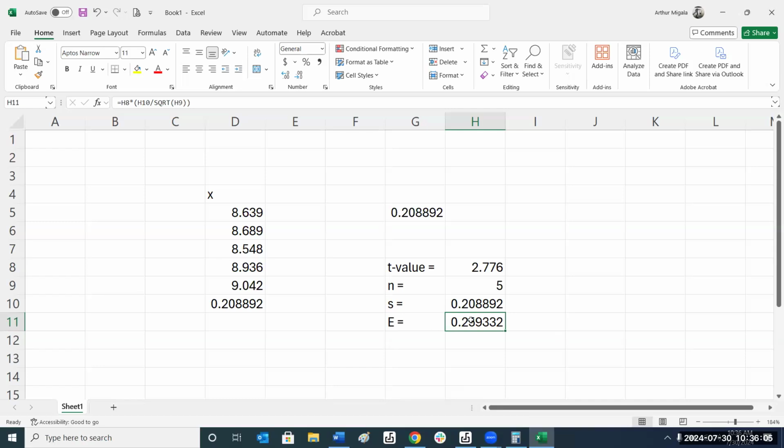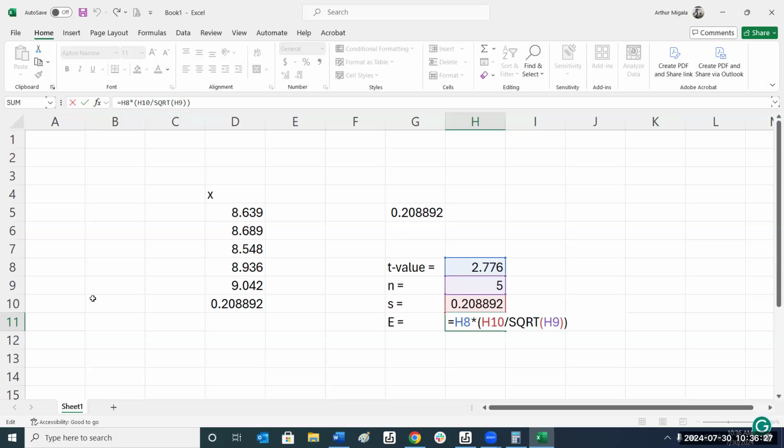Again, so this formula, I have my error. I take my t value. If I double click this, I'll show you. I take my t value, multiply it, and I put this parentheses because now it's the s over square root of n. My S was this value.